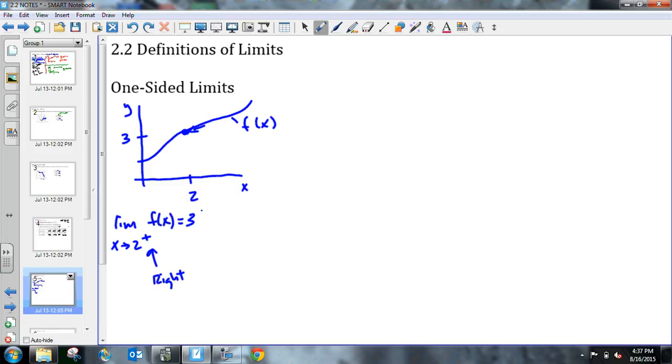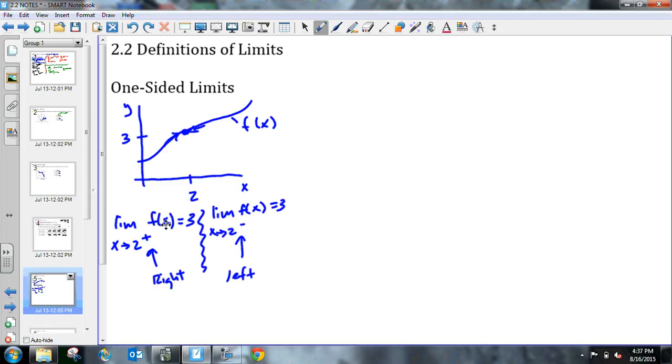Now, if I do the same thing and I say, let's talk about the limit as x approaches 2 from the left. When I use that little negative sign, that means I'm coming from the left. What y value am I approaching when I approach 2 from the left? That gives me the same thing. The limit as x approaches 2 from the left of f of x is equal to 3, okay?